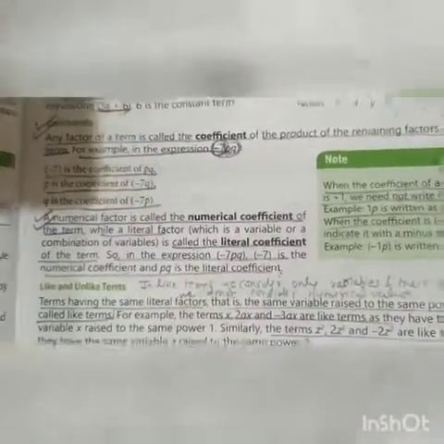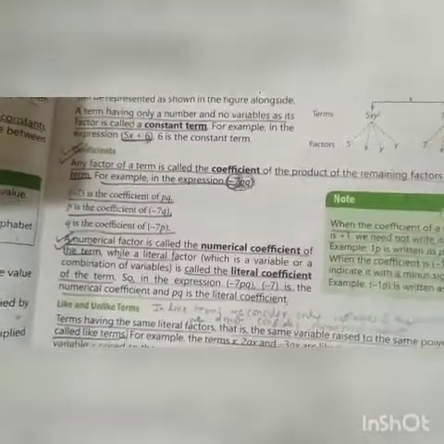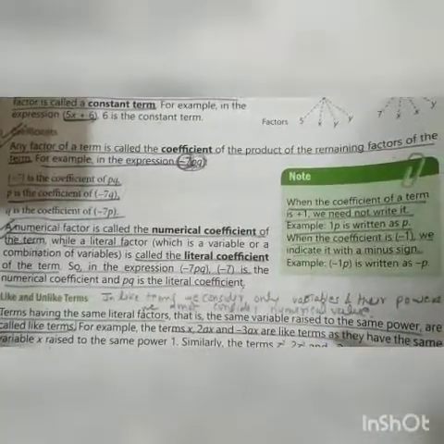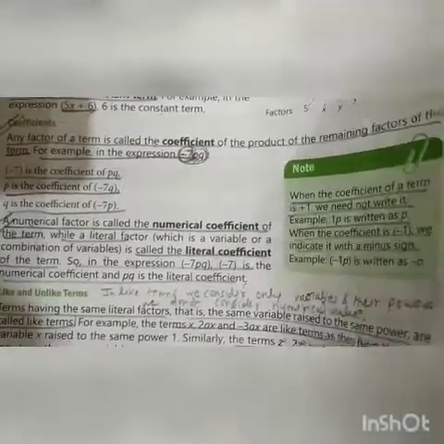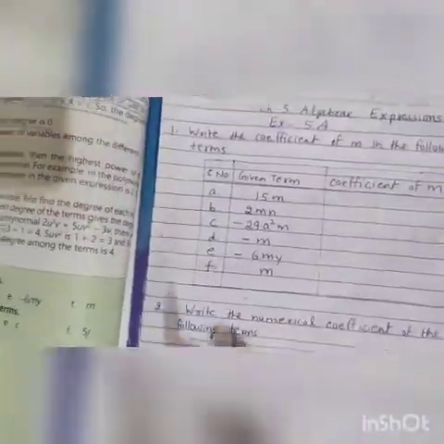Clear? Now come to the first question of exercise 5A. First and second question, because these two questions are related to this definition, that is coefficient.